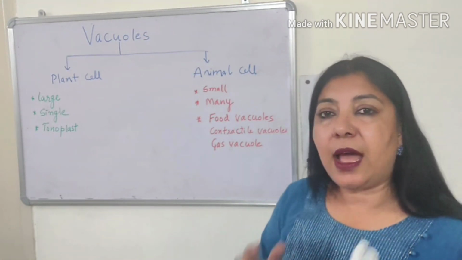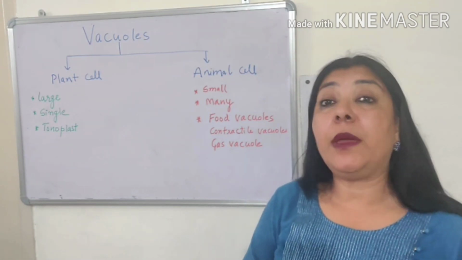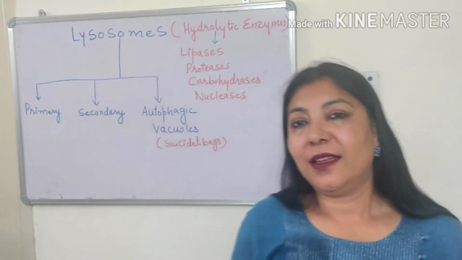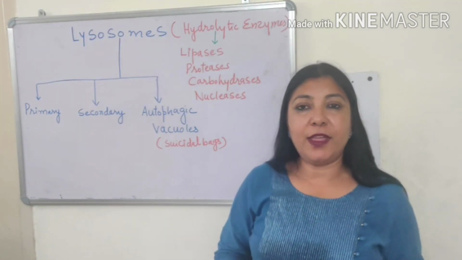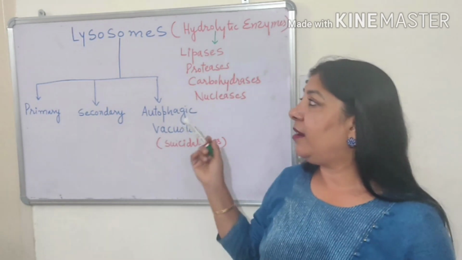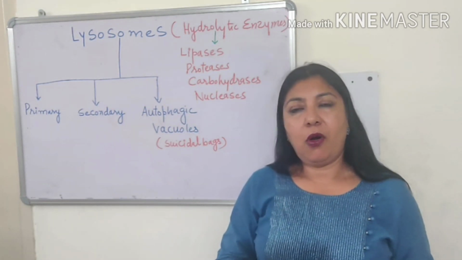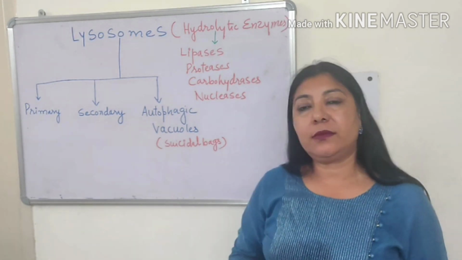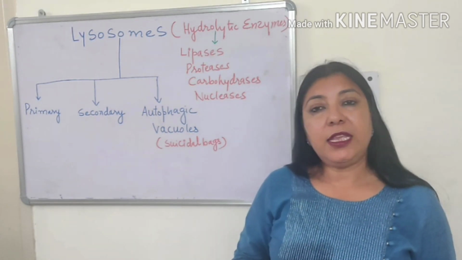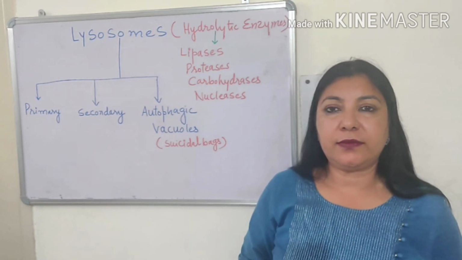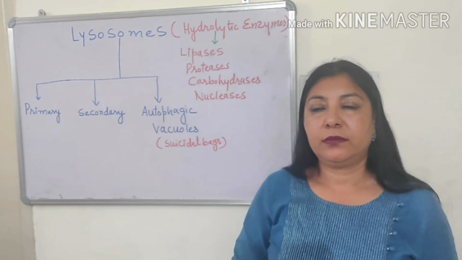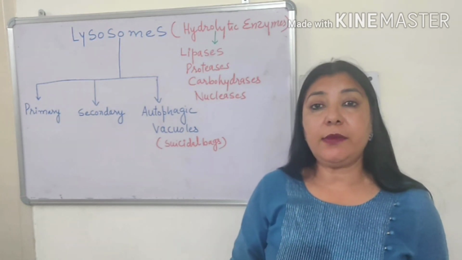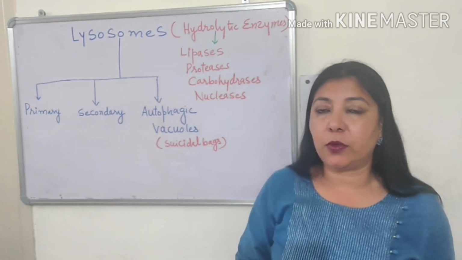Okay. Now the last part of the endomembrane system is lysosomes. The last members of the endomembrane system are lysosomes. All these endomembrane systems are single membrane, so are lysosomes. These lysosomes are just like vacuoles. They are formed from endoplasmic reticulum only, or sometimes they may be formed from Golgi body also.